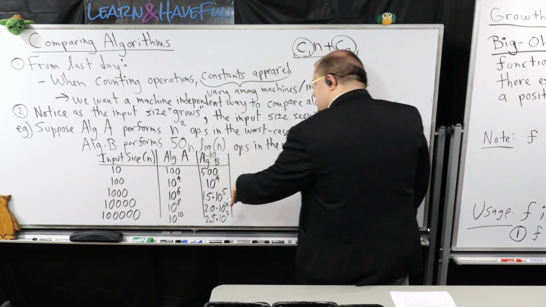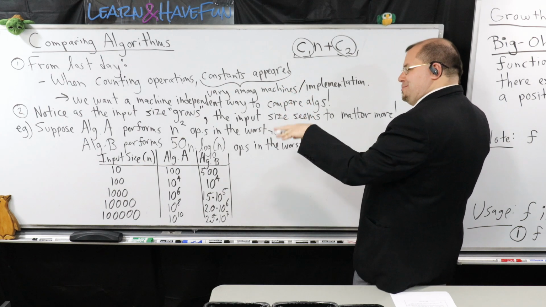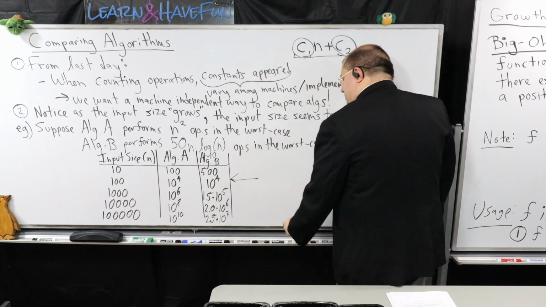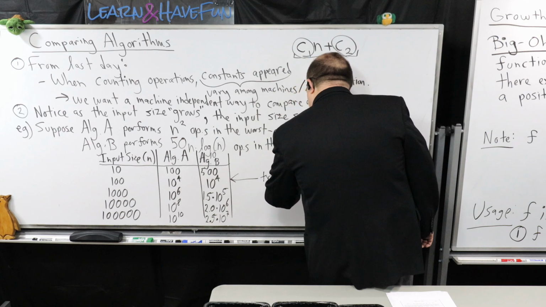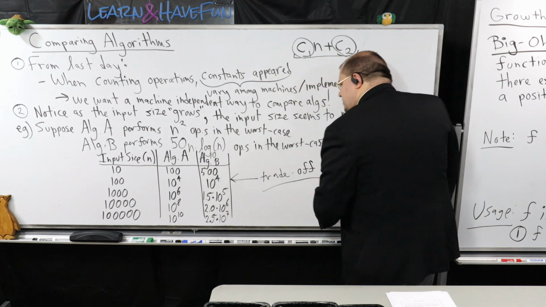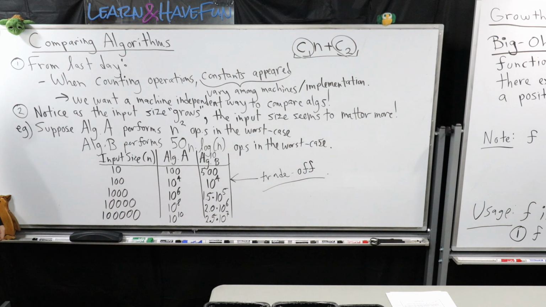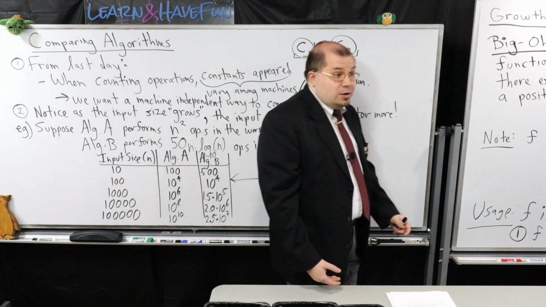So there seems to be some size of the input. There seems to be some trade-off that happens right about here, right? So it seems like for smaller inputs than that, algorithm A performs better than algorithm B, correct? So these are things you might consider on a practical level.